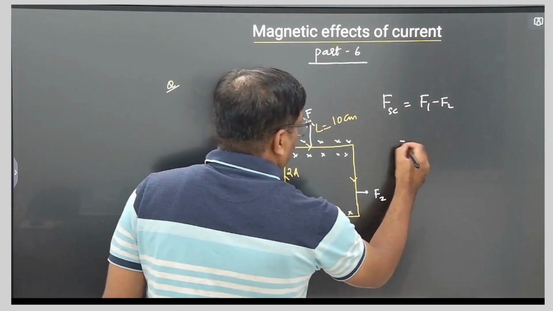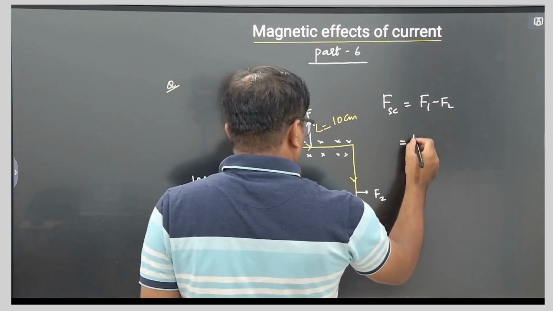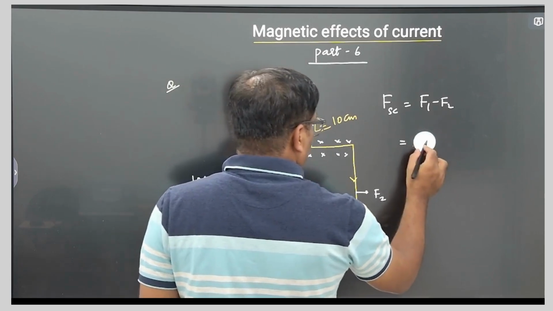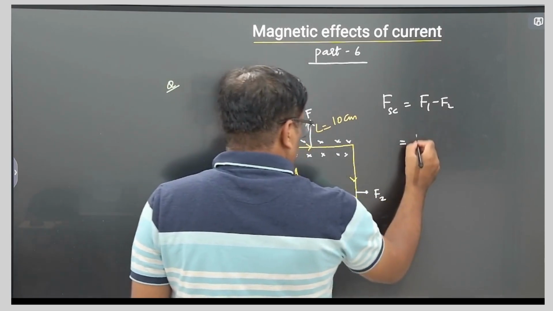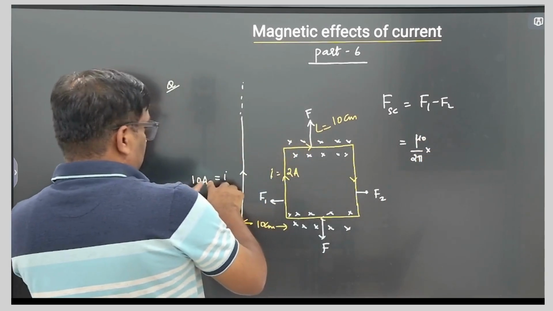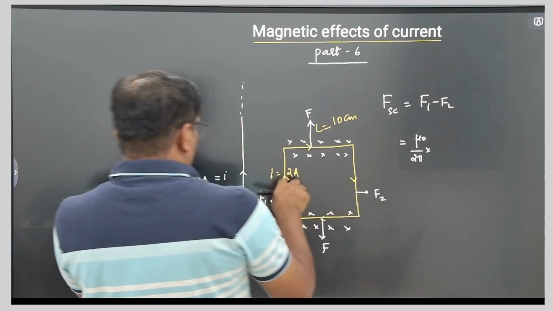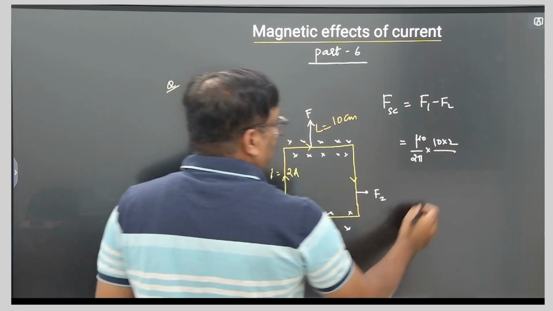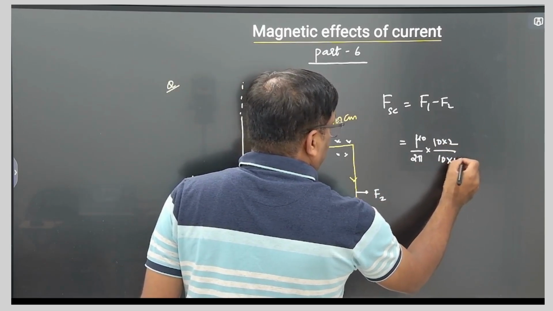We know F1. What is the formula? Mu naught by 2 pi, the currents I1, I2 are 10 into 2, and the distance between them is 10 centimeter, that is 10 into 10 to the power of minus 2.